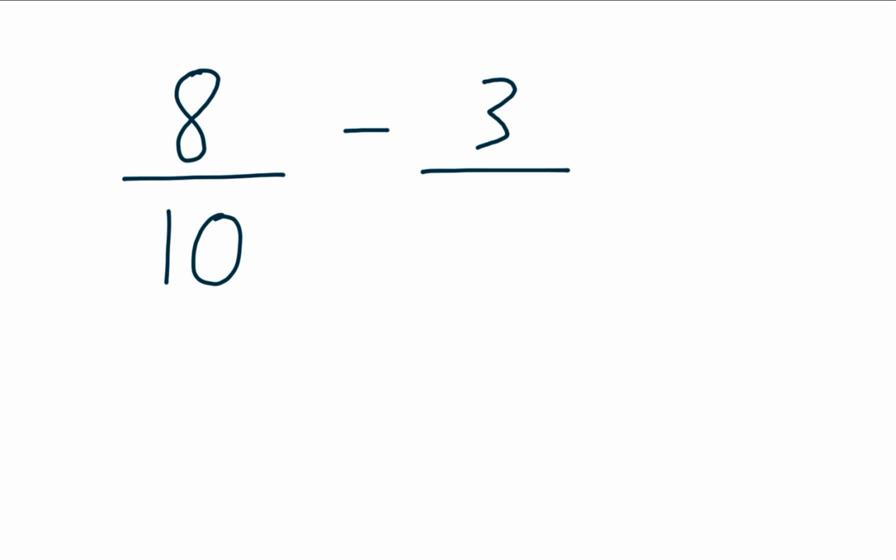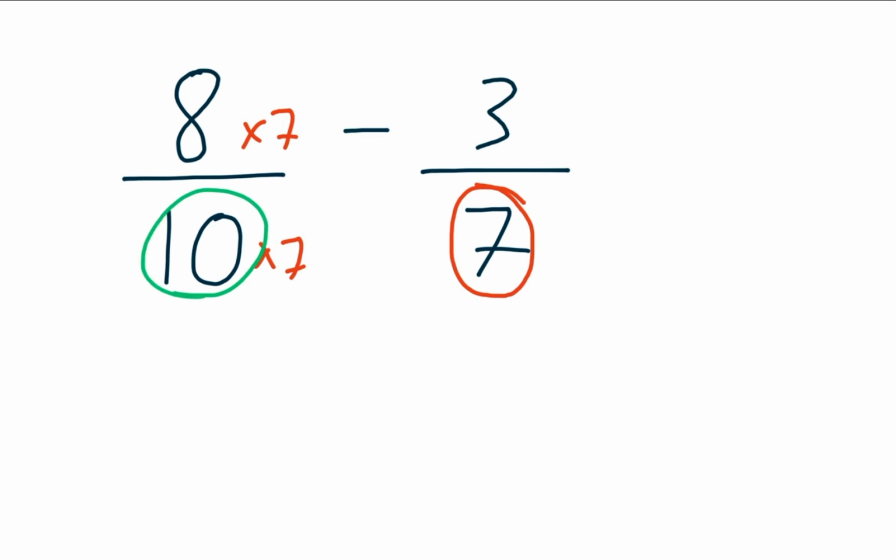We can then do the same question with 8 over 10, take away 3 over 7. In order to do this question, we're going to multiply the first fraction by the denominator from the fraction on the right, so times 7, times 7. We're then going to multiply the fraction on the right by the denominator on the left, so times 10, times 10.